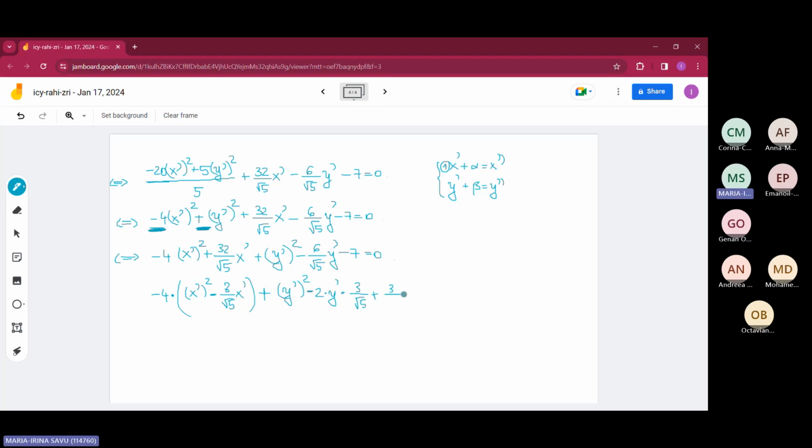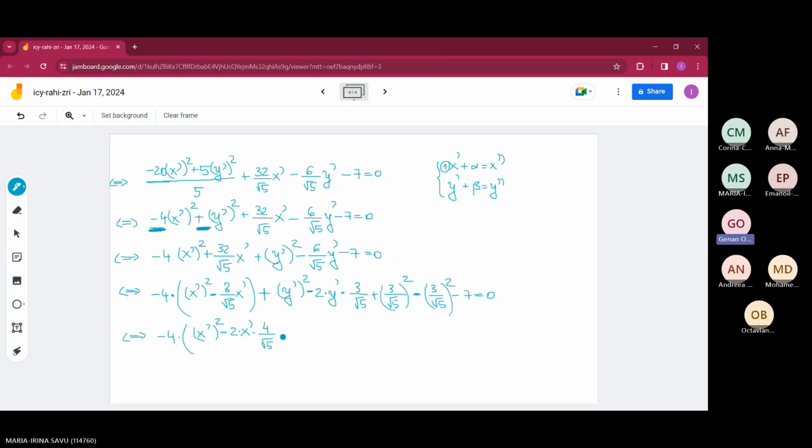I have to add this square, then I have to subtract. So you have 1 squared times x prime squared minus 2 times x prime times 4 over square root of 5.